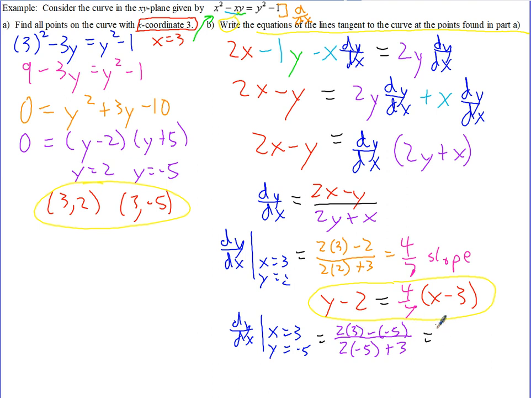That gives you 6 plus 5, so 11, over 2 times negative 5, negative 10 plus 3, negative 7. So we get negative 11/7 is our slope.